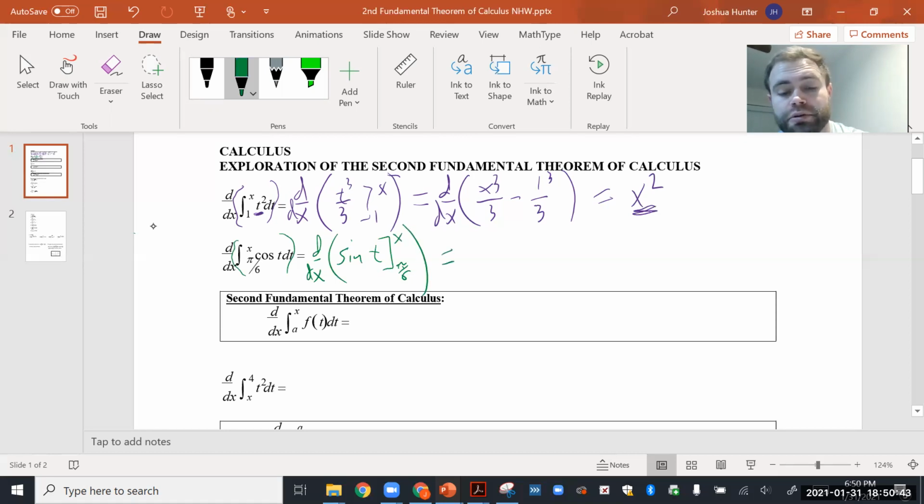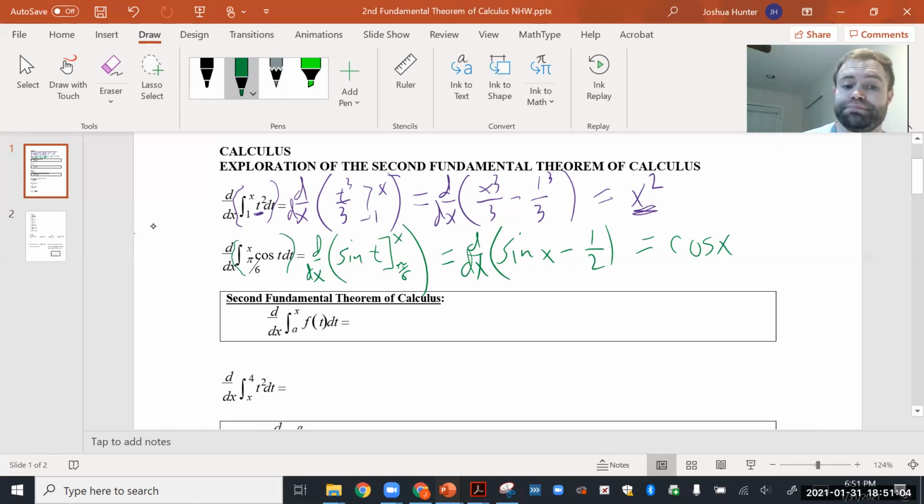Now we plug in our upper and lower limits: sine x minus sine of pi over 6, which is 1/2. Now we take the derivative. The derivative of sine is cosine, and the derivative of 1/2 is 0. So we ended up with cosine of x.